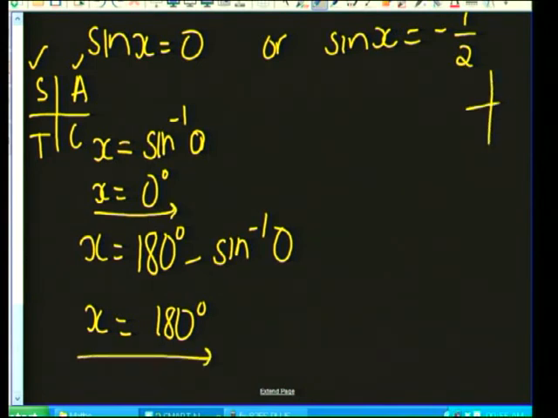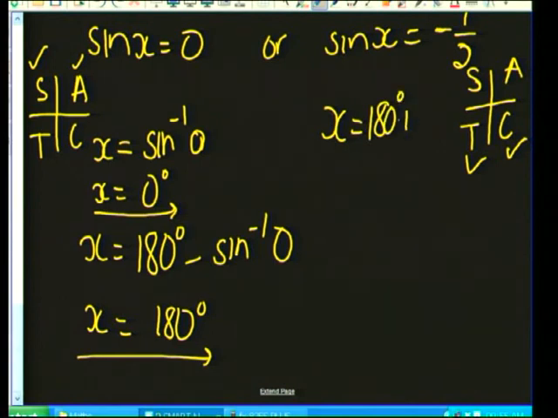There again, if you draw a little CAST again, it's there and there. It's actually not here, guys. It's negative. Remember this negative here? There and there. So x is equal to 180 plus the inverse sine of a half, and that you'd get to be 210.